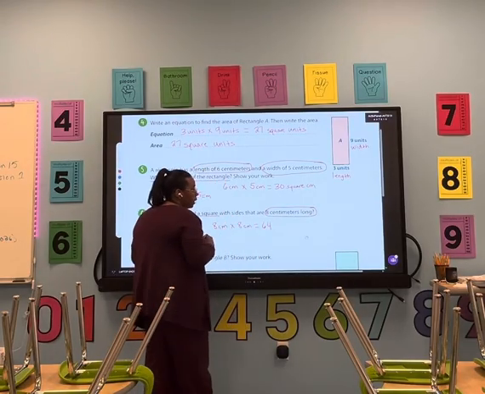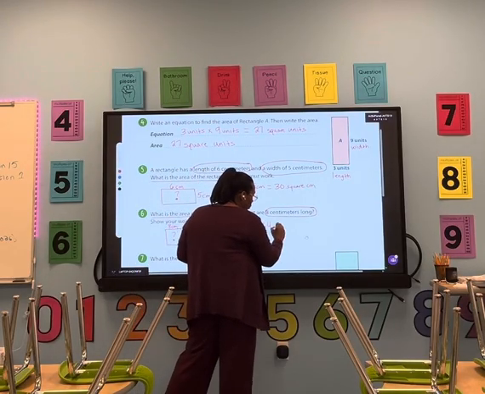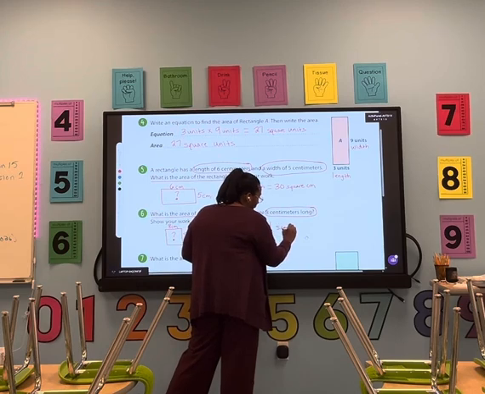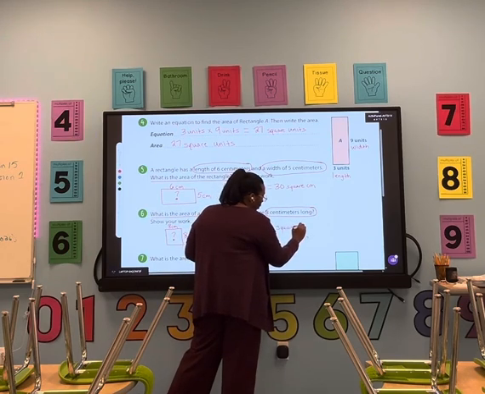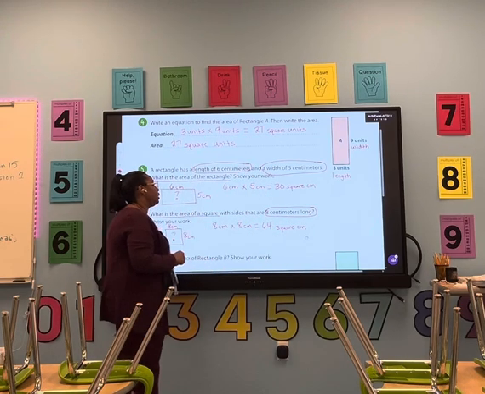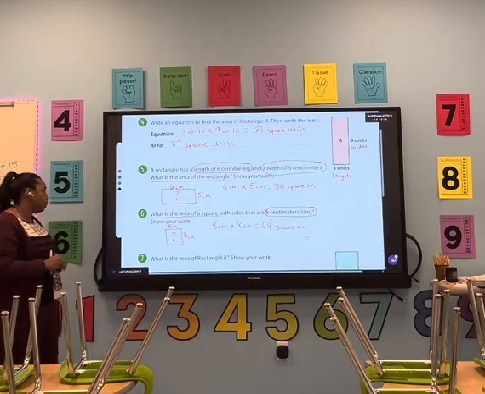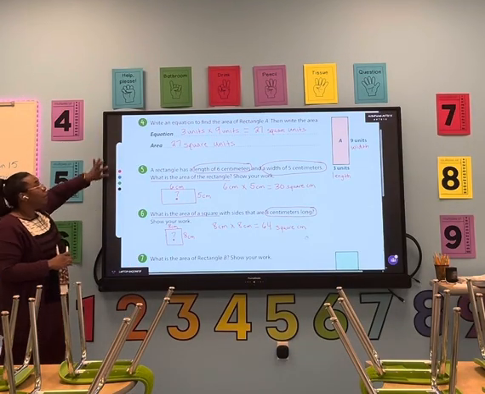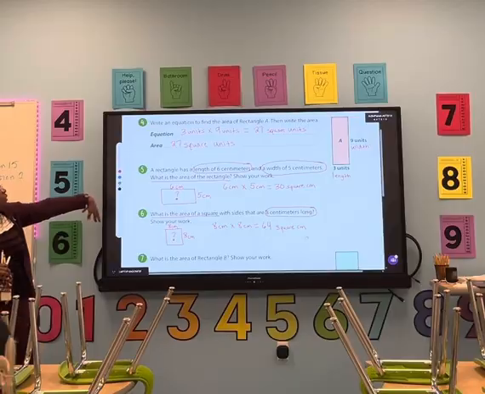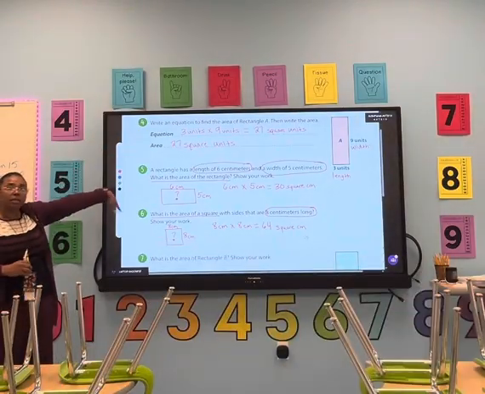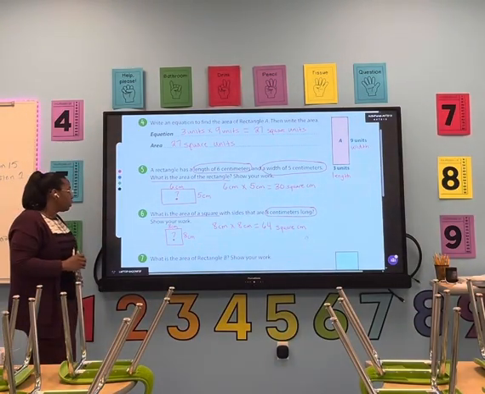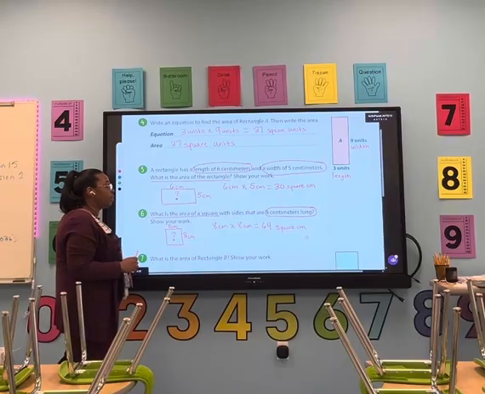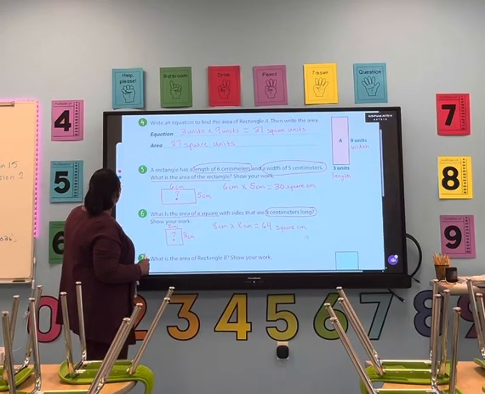And because this is area, we use our special word of square. And our unit is centimeters. So the area is 64 square centimeters. All right, that's it for this one. So I am going to have to erase this, and then we're going to go ahead and do number 7 through 9.